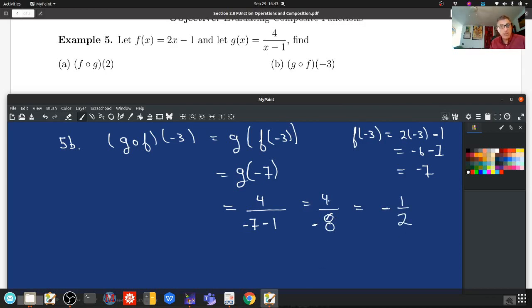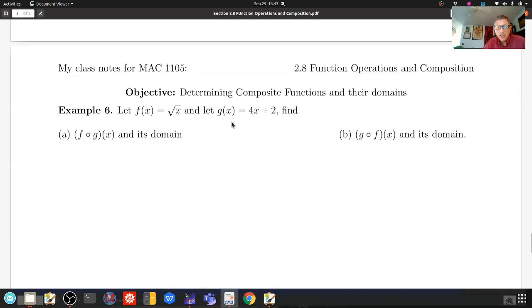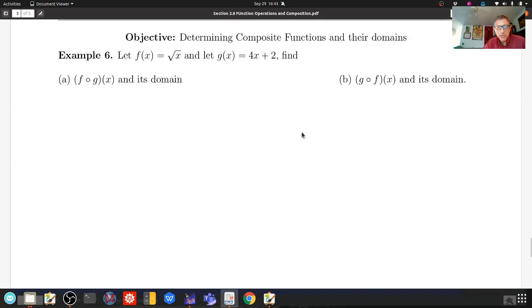Okay, not so bad, right? Really not so bad. So the only difficult thing is finding the composition of functions and its domain.